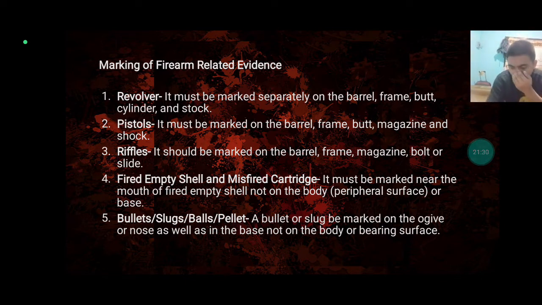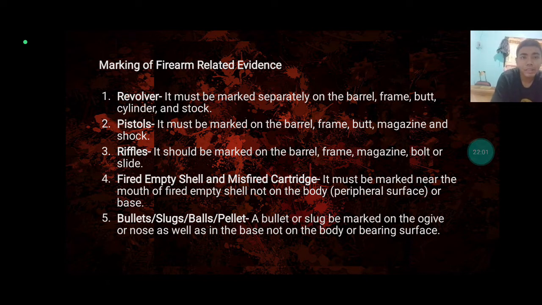So next is the marking of firearm-related evidence. First, the revolver. It must be marked separately on the barrel, frame, butt, cylinder, and shock. Tape should be put around the bore, with the signature of the investigator.